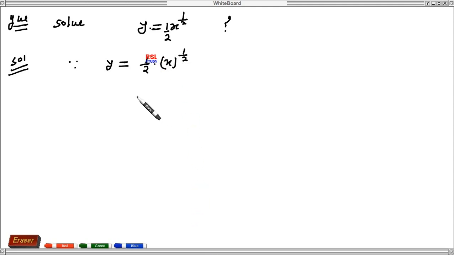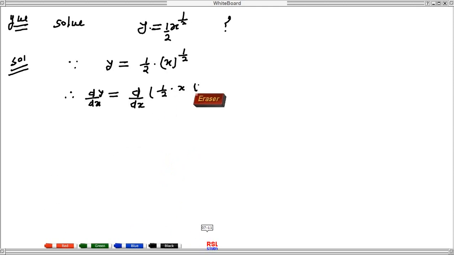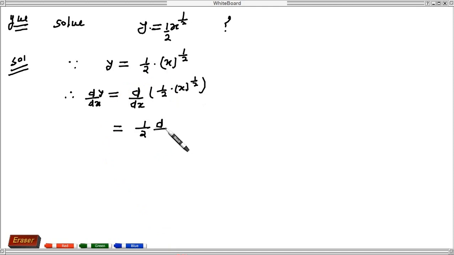Here the coefficient constant term is 1 by 2, so we will firstly take it out. I am doing it step by step so that you could understand. So here 1 by 2 will be out.